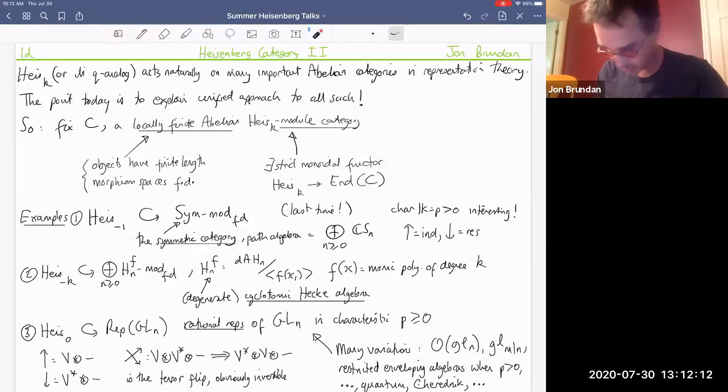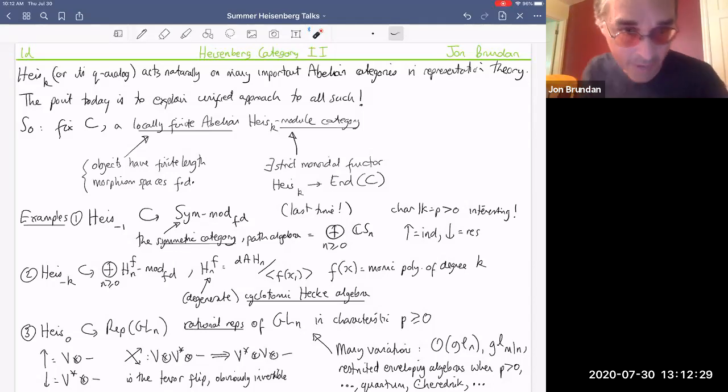There's just basically any kind of type A-ish classical category in representation theory. This Heisenberg category acts. And usually that action is just on the surface. It's just a sort of a trivial thing to construct. The relations are usually very easy to see.